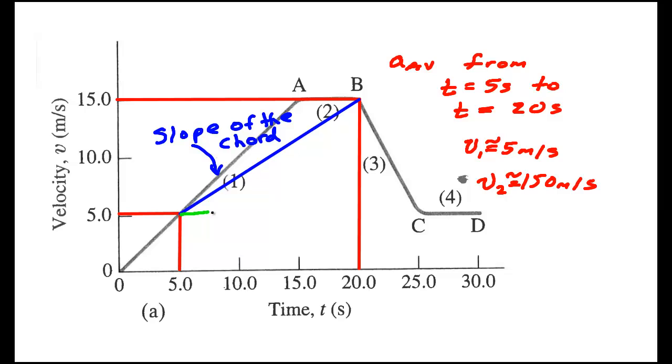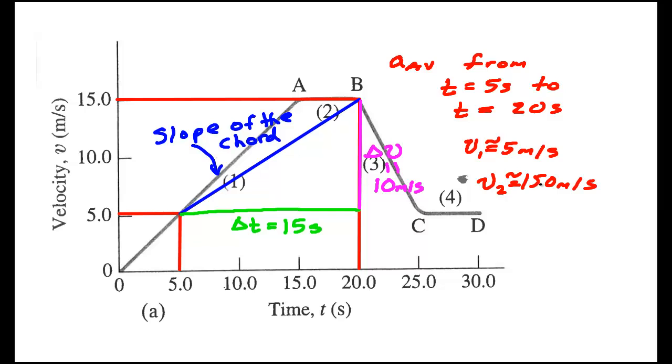It requires me to find delta t. Delta t here was 15 seconds, and it requires me to find the change in velocity, delta v. And delta v was 15 minus 5, which was 10 meters per second.